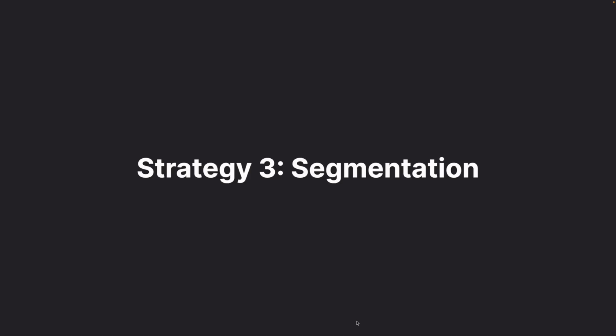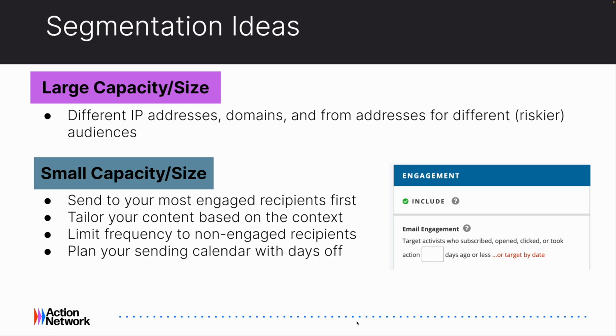Now, no matter how simple or advanced your program is, you have a bunch of options for segmentation. For advanced programs, you can build a bunch of different infrastructures with different domains and IP addresses and from and reply to lines. However, for everyone else on this call, we can use much simpler tools to get to the same place.